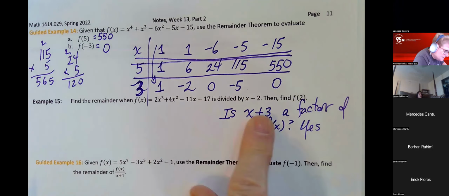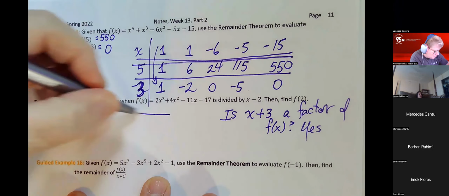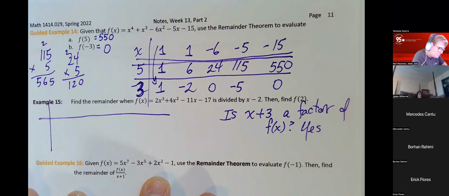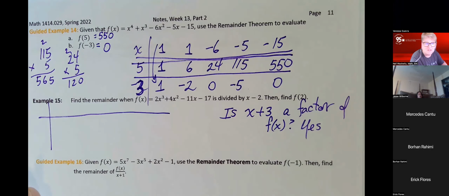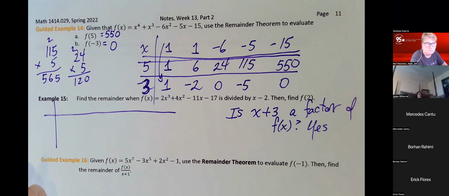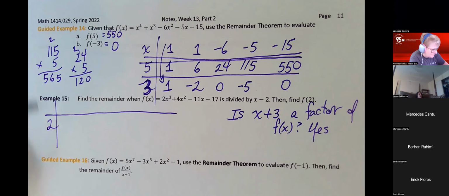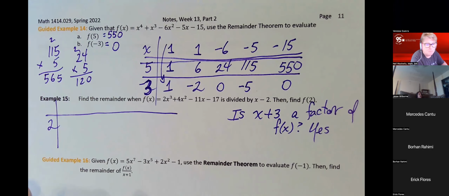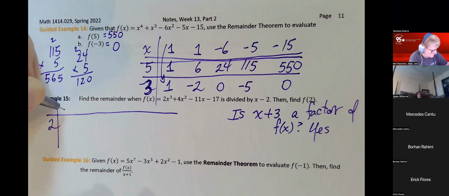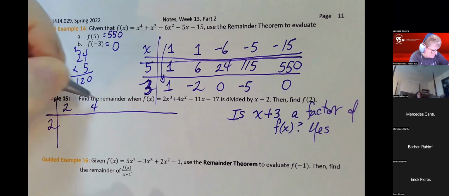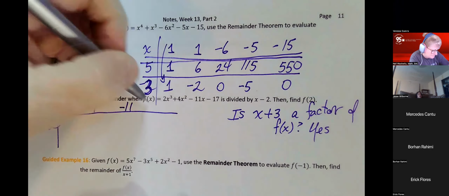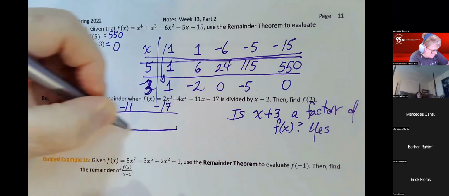Okay, well, let's do another one. What number am I going to plug in if I'm dividing by x minus 2? +2. Good. And what numbers shall we put across the top? 2, 4, -11, -17. Excellent.